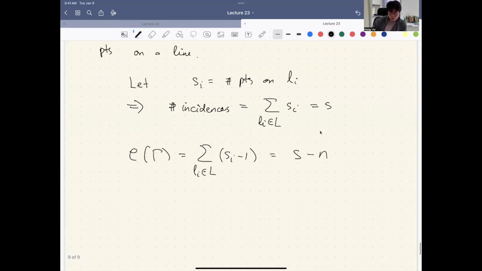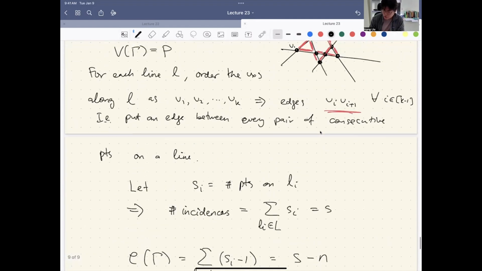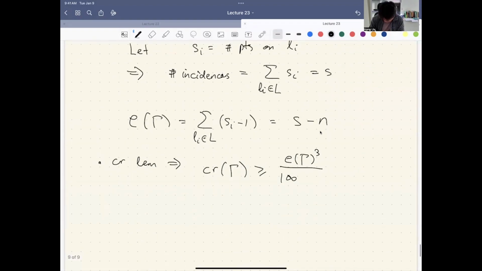So we can now use the crossing lemma. The crossing lemma implies the number of crossings of gamma is at least the number of edges cubed divided by 100 times the number of vertices. The number of vertices is just the number of points, which is n.